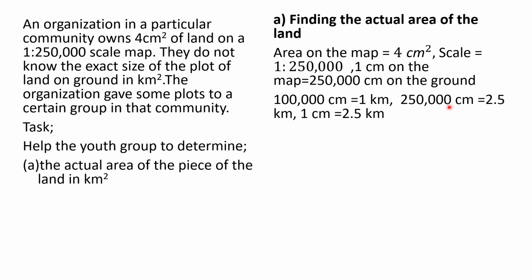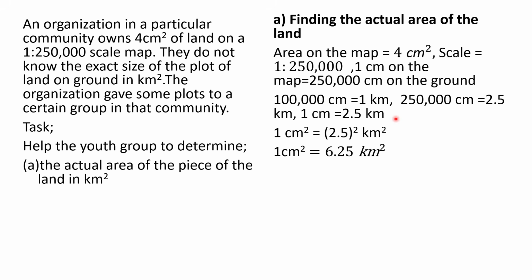Now that I want kilometers, I have centimeters, so I'll say that 1 centimeter is equal to 250,000 centimeters divided by 100,000 centimeters, which gives us 2.5 kilometers. I repeat, how many kilometers are in 250,000 centimeters? It is 250,000 divided by 100,000, giving us the answer as 2.5.